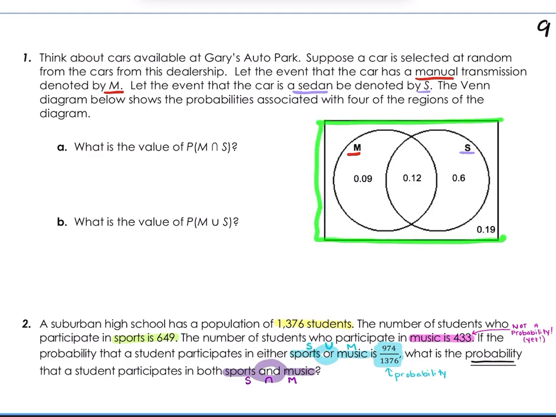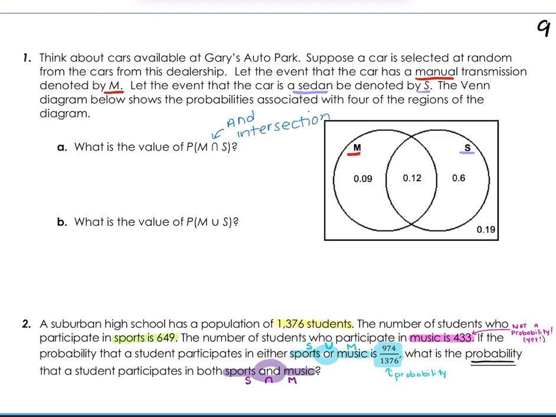That is outside of any of these circles, so that represents any cars at this dealership that are simply not a manual or a sedan. And that could be true. We might have automatic SUVs, for example. So this represents the other cars that are neither of these things. The first part here is asking what is the value of the probability, that's what the P stands for, of M and S. That is the symbol for an intersection.